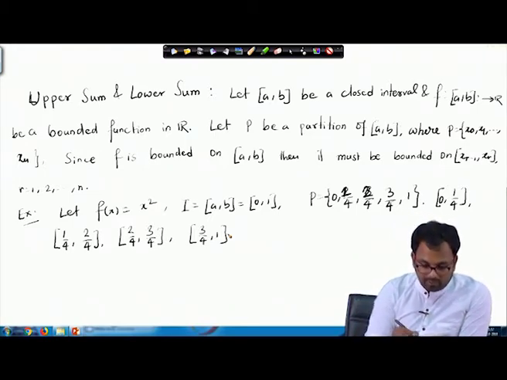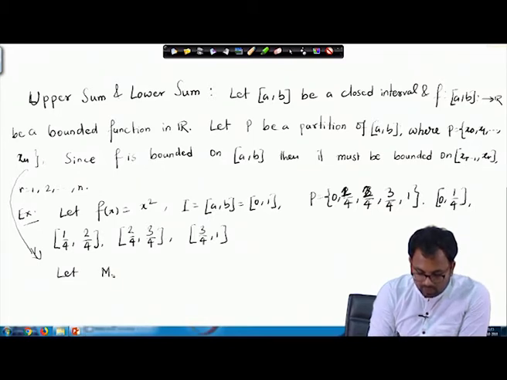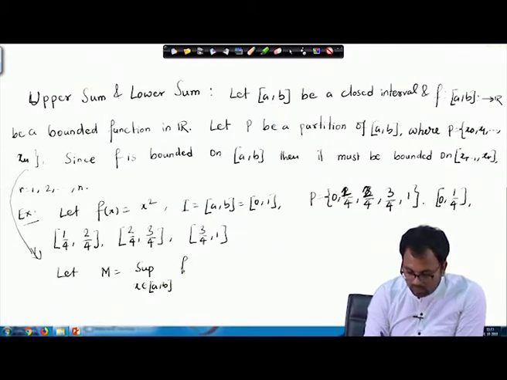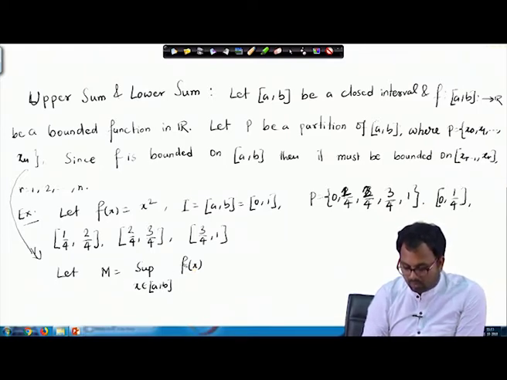So, for this function f, now we are back to this definition. We write let capital M equal the supremum of f(x) for all x in the closed interval [a, b], and small m equal the infimum of f(x) for all x in the closed interval [a, b].